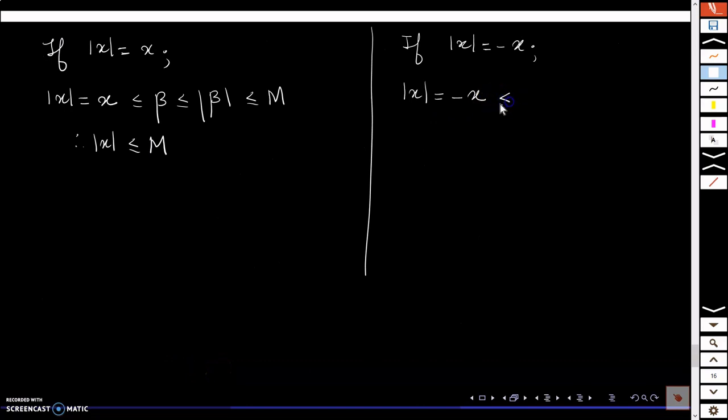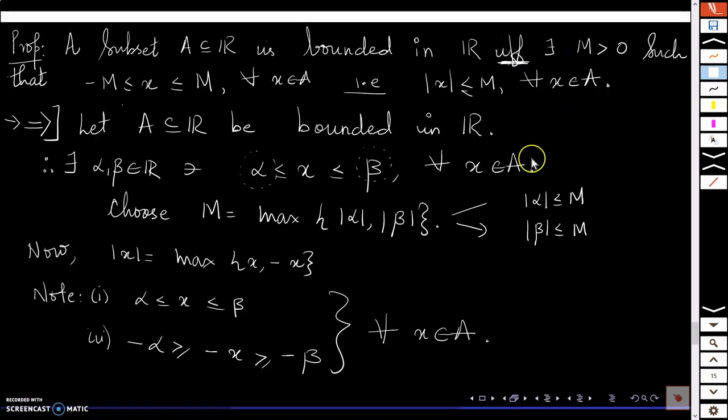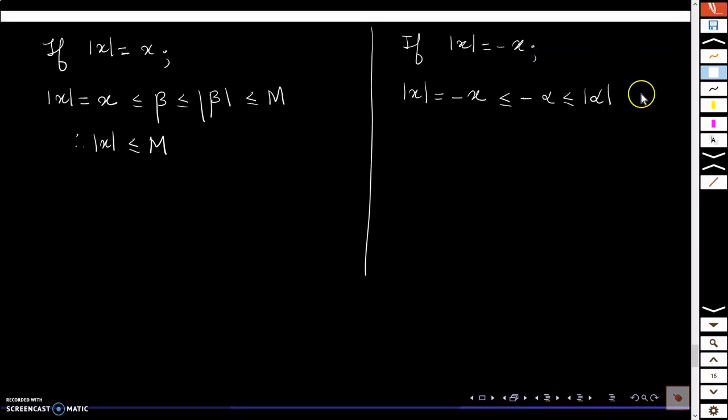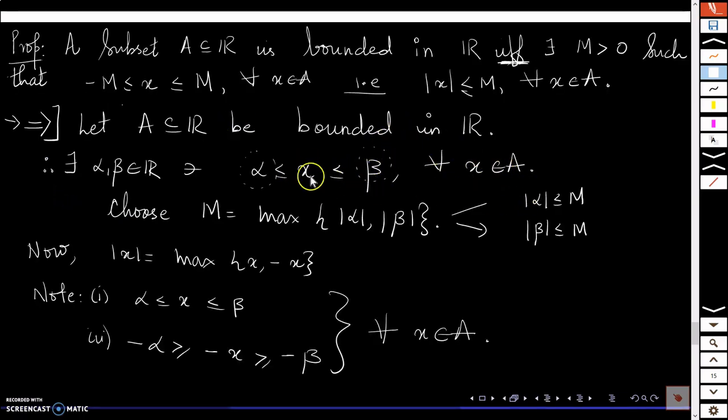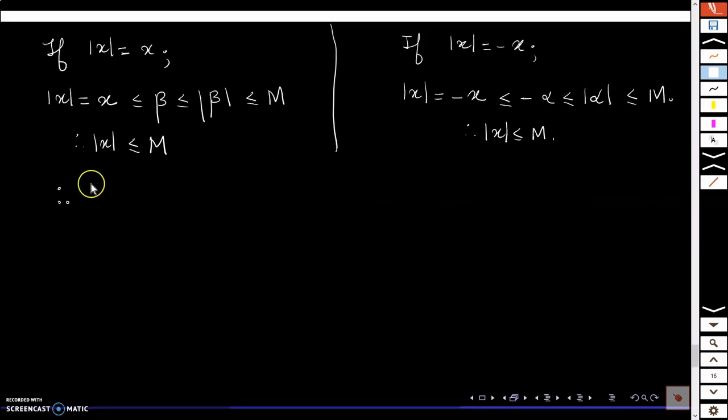And minus alpha is always less than or equal to its modulus, since any real number is less than or equal to its modulus, and mod alpha is also less than or equal to M. So I have this to be less than or equal to capital M. In both cases we showed that mod x is less than or equal to M. That means we are able to find one positive real number M such that mod x is less than or equal to M for every real number x in A. So we proved one side.